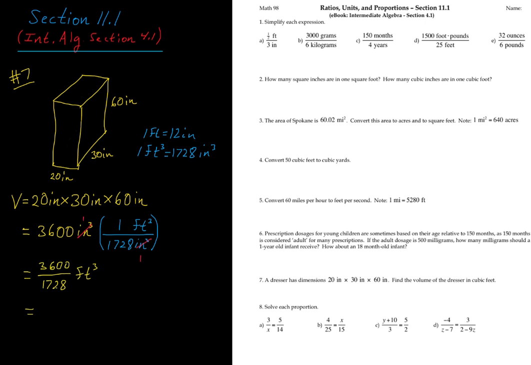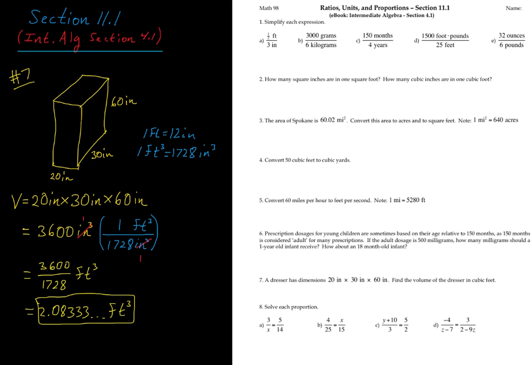And if you do that division there, you're going to get 2.083, and then the 3 actually just repeats. Okay, and then the units there would be cubic feet. Okay, so this is a perfectly fine way to go about solving the problem.